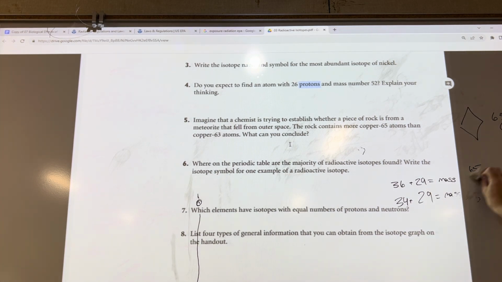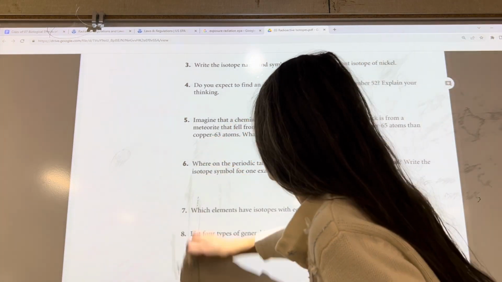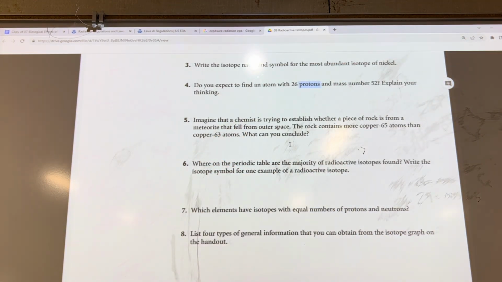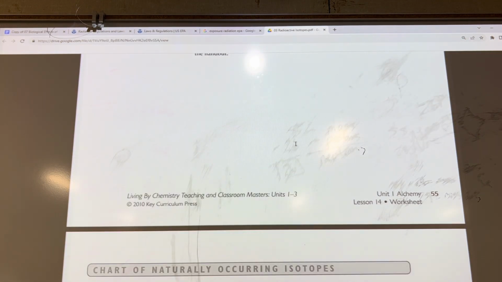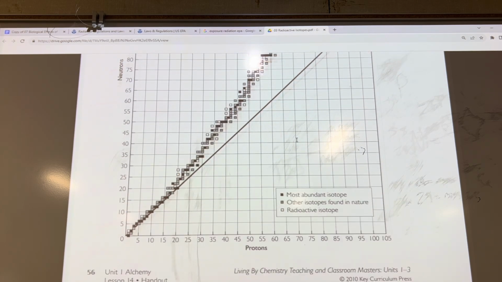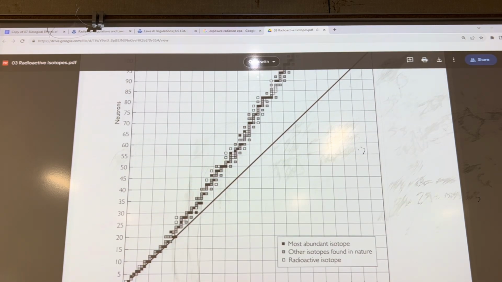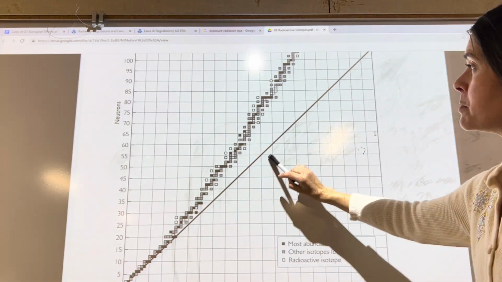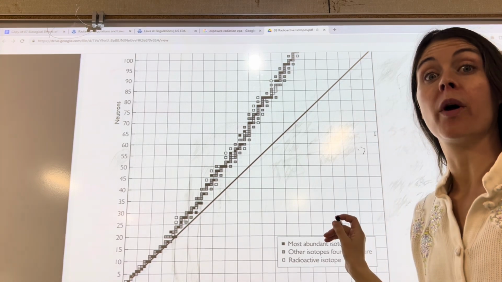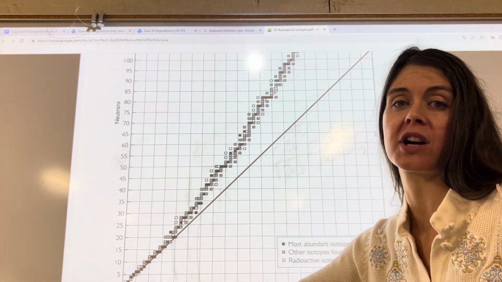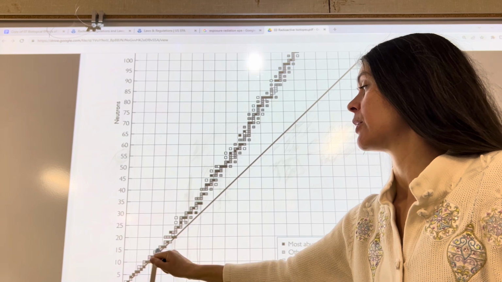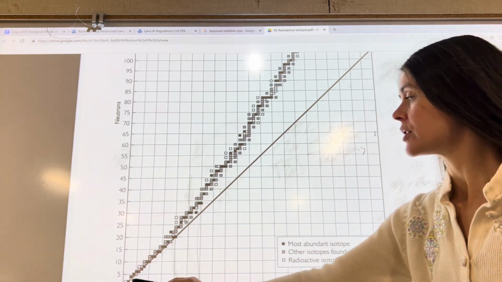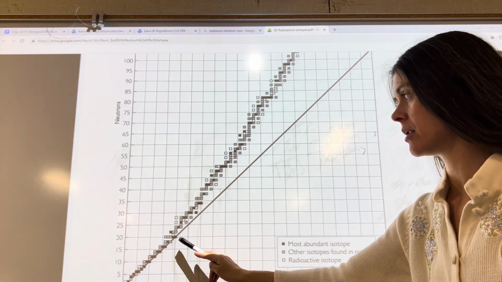Let's go back to that graph. Equal numbers of protons and neutrons, a 1-to-1 ratio. All of these little boxes are representing isotopes. This big line is showing a 1-to-1 relationship, where for every one proton, if you had one neutron, they would fall on that line. You're seeing most of the atoms don't.